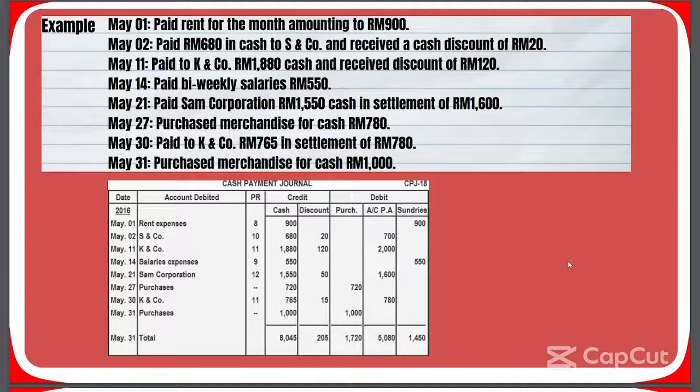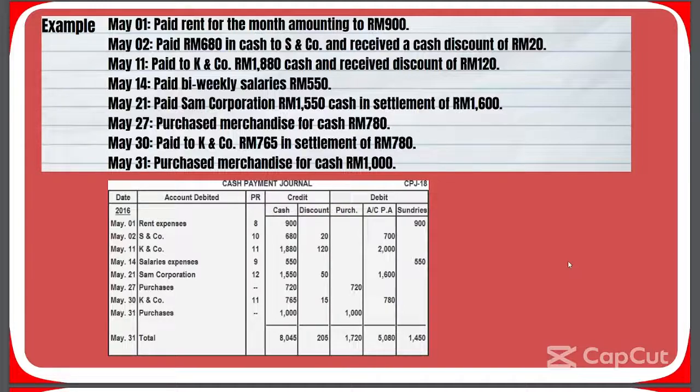Okay, next, 21 May, you write Sam Corporation, and you write amount 1,015 ringgit at debit, and you write 5 ringgit because cash in settlement for 1,008, so you write 1,006 ringgit to debit.